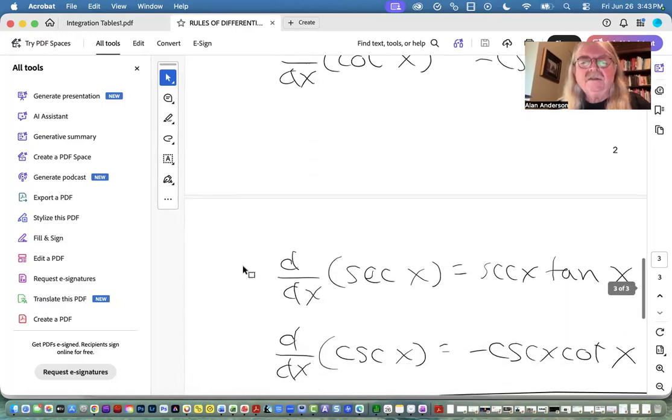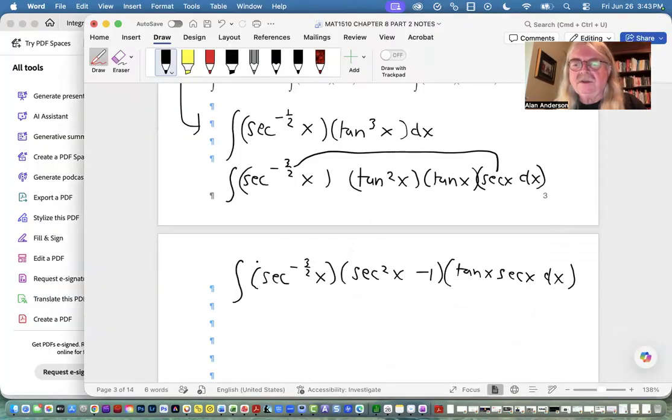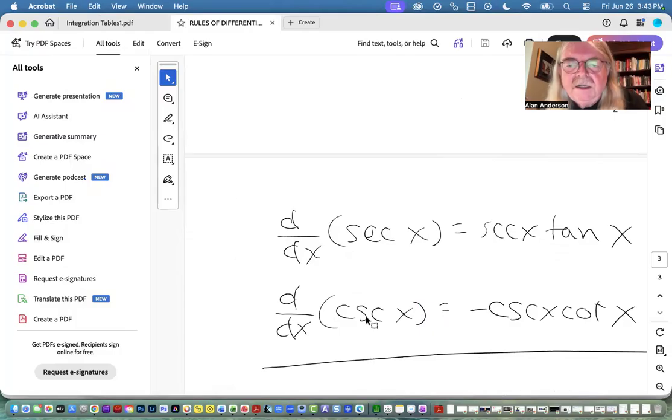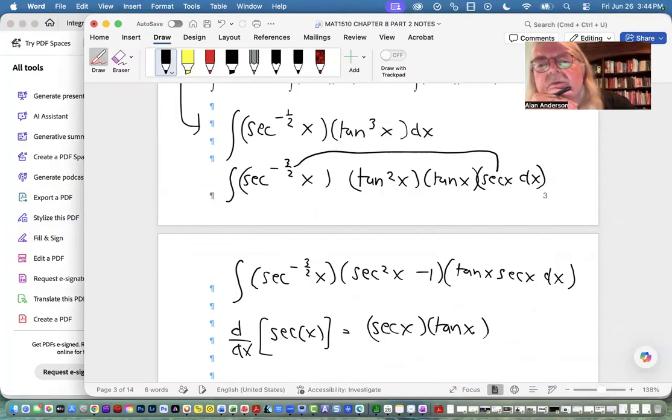You can see the derivative of the secant is the secant times the tangent. That's what this is building up to. That's why we keep setting it up this way. Looks like my handwriting got a little messy there. So in other words, when we look for u and du, this is why it's being set up this way.